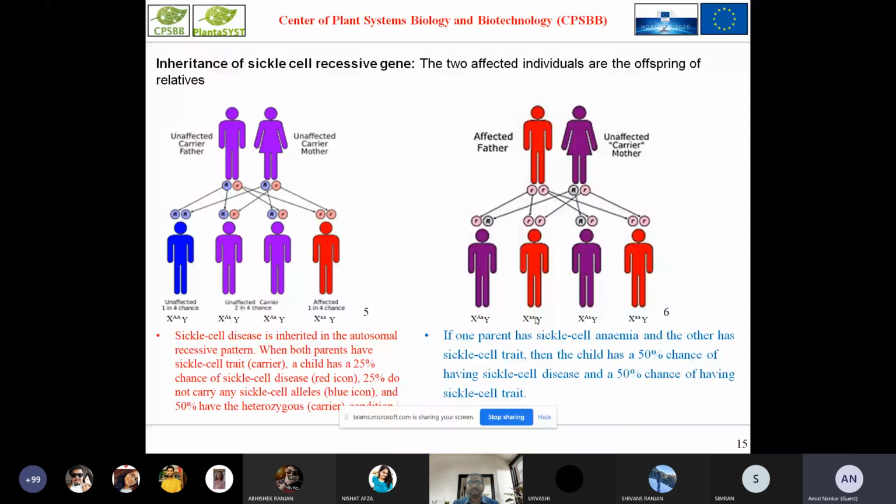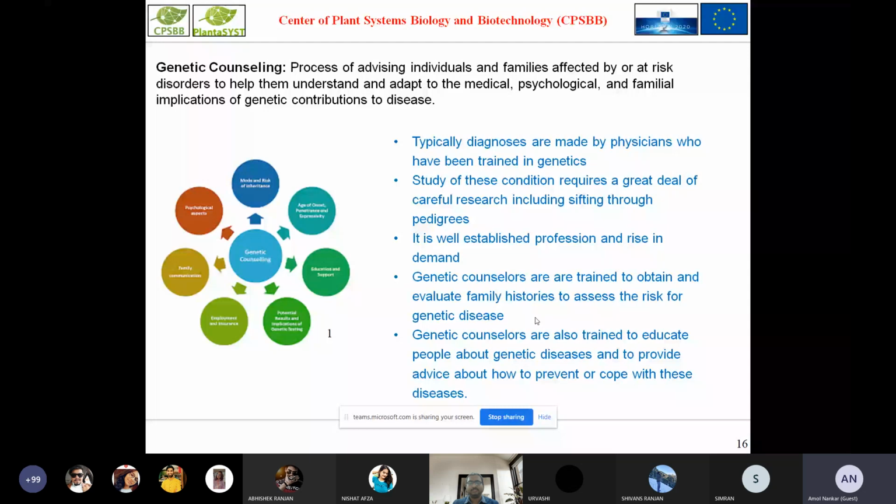Sir. So then there is a little bit of extension to the pedigree analysis. I thought it might be very interesting to think about how this is really used in practical applications. As advances happened, especially after the human genome was sequenced, a new field came into place, which is genetic counseling, and most hospitals have this facility.